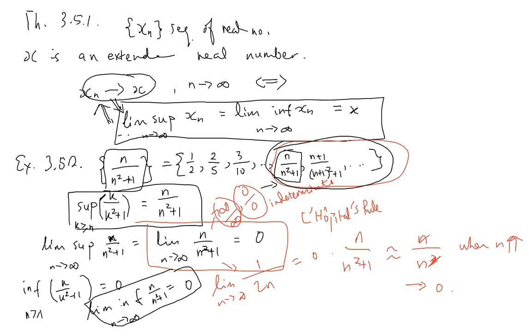All right, so this gives you an operational way of dealing with the lim sup and the lim inf. There is actually another way to do it, which is based on theorem 3.5.2. Over there we have the following result.